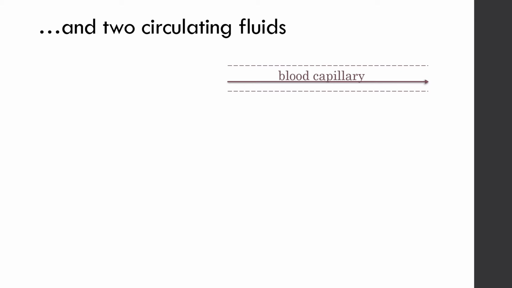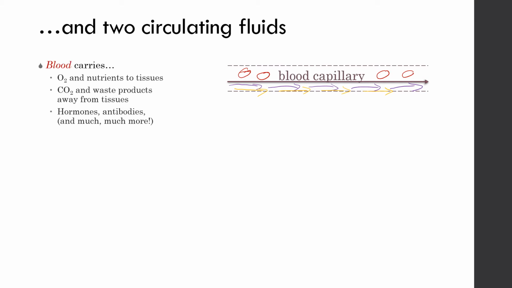You can imagine blood flowing a little bit at a time through a blood capillary. We've got two components here: the blood cells, which are happily drifting along through the blood capillary, and the blood plasma. You'll notice that I drew this blood capillary as a dotted line. That's because most blood capillaries are not completely sealed.